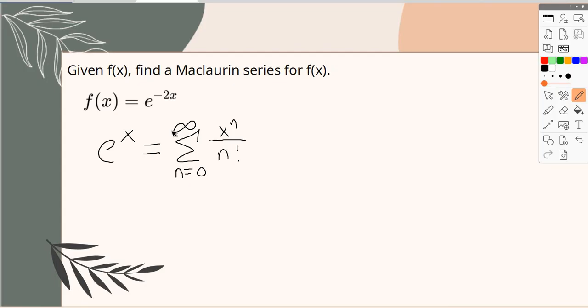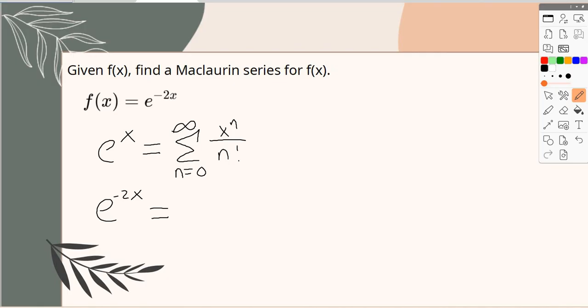So instead of an x, what do we have? Negative 2x. Okay. Now, some of us had a hard time with this when we were doing our estimations from Maclaurin polynomials. So be careful here. Technically, what did I replace in my function?